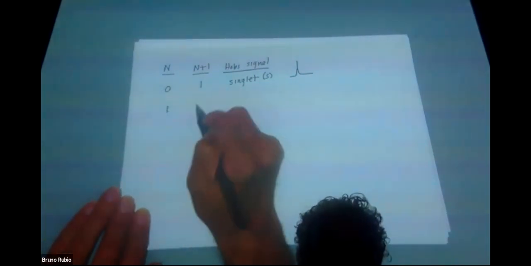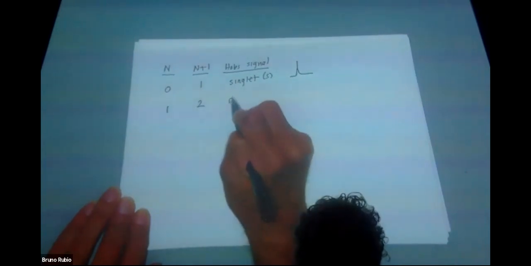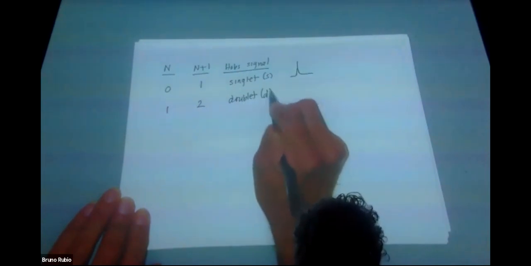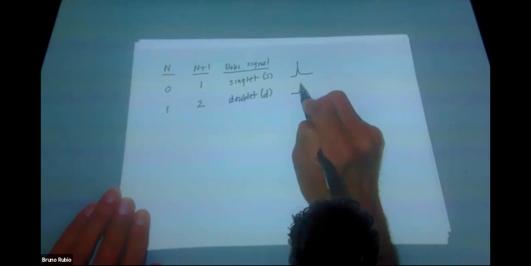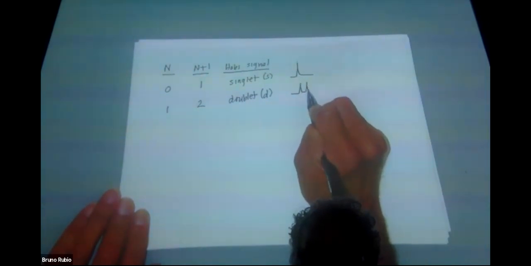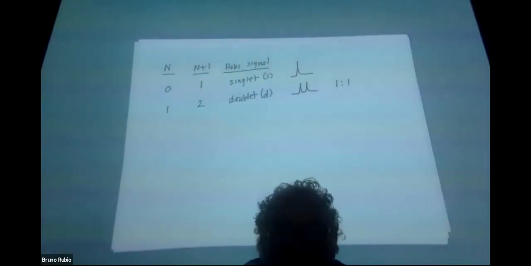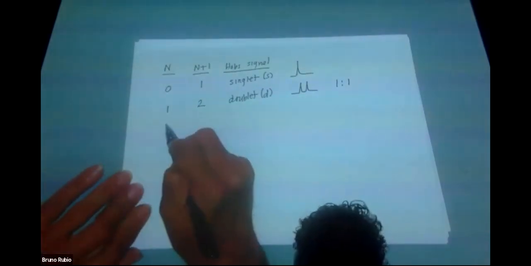When N is equal to 1, N plus 1 is equal to 2. That signal is called a doublet, standard abbreviation D. And what a doublet looks like is 2 lines of more or less equal height, 1-to-1 height, separated by that coupling constant. Let's keep going.